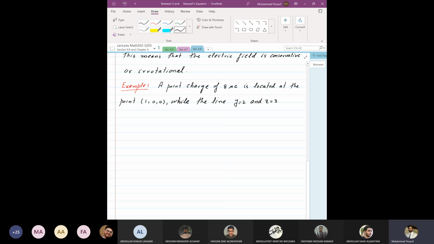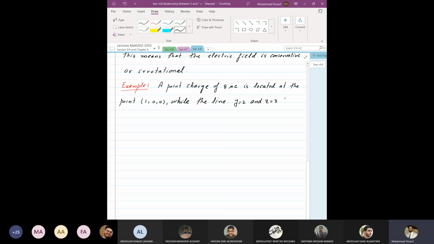And z equal to 3 is a plane parallel to the xy plane. One plane is horizontal and another plane is vertical. And when these two planes intersect, they will give us a line parallel to the x-axis.